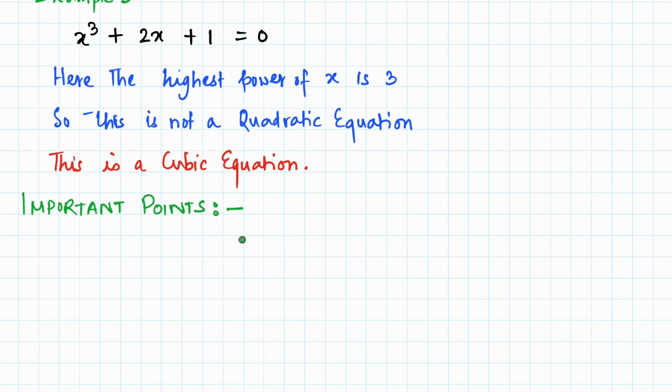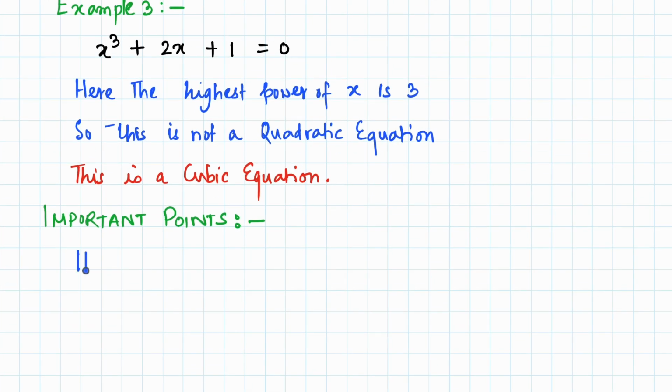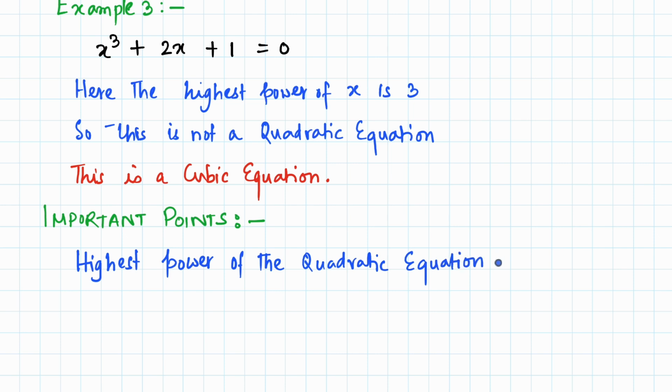Now some important points that we have seen: the highest power of the variable in a quadratic equation is 2. That is the most important thing.